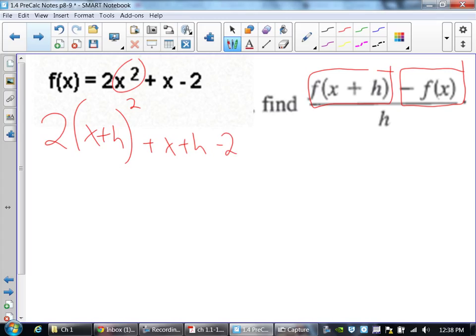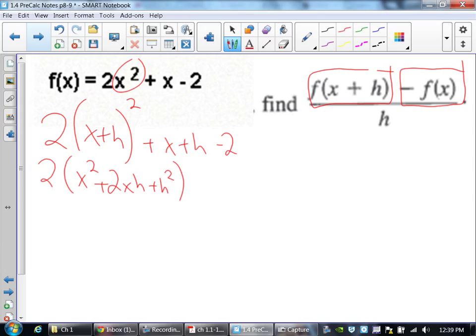What I mean by taking care of that, just that first chunk of x plus h, you can simplify that first if you'd like. It doesn't look as crazy, and you get the same result. We have 2x squared, 2xh, h squared.